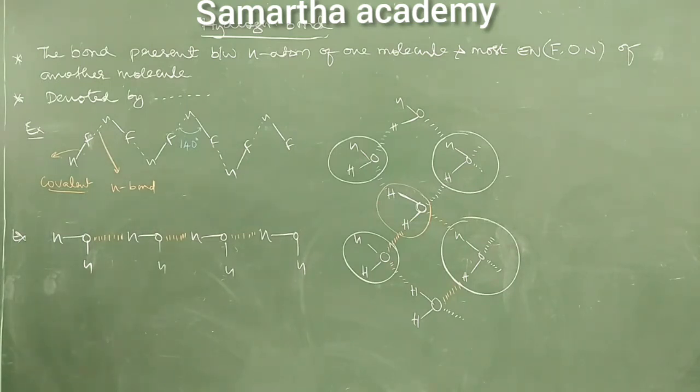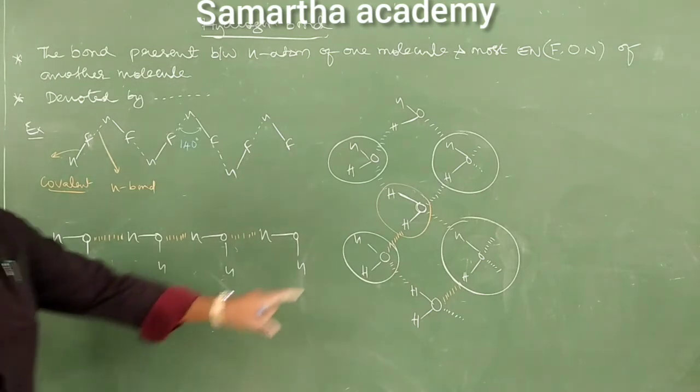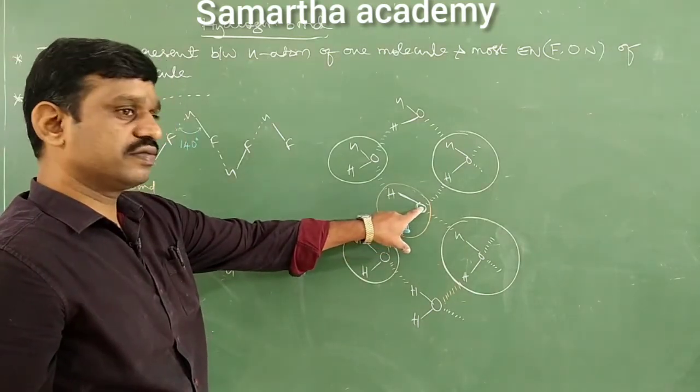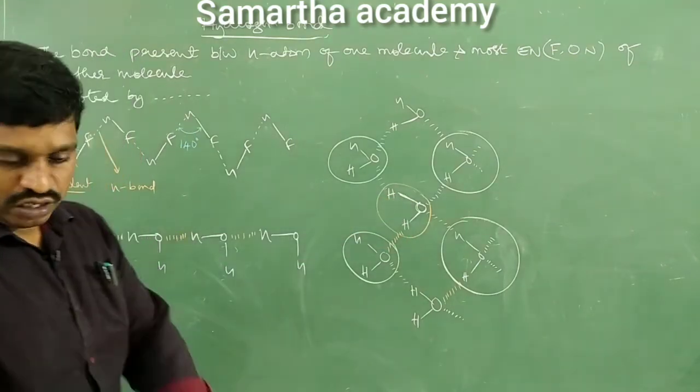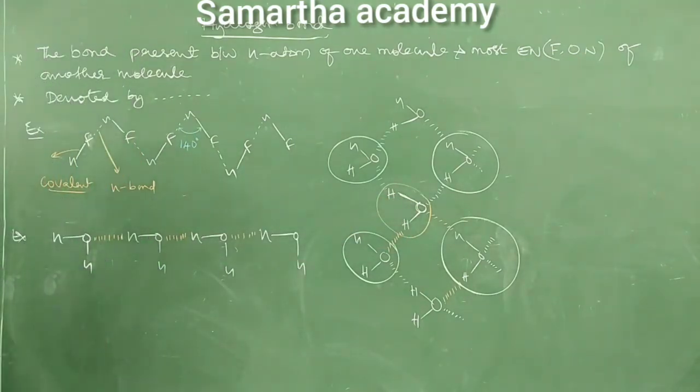Next point. In water, each oxygen is bonded with how many hydrogens? 4 hydrogens.